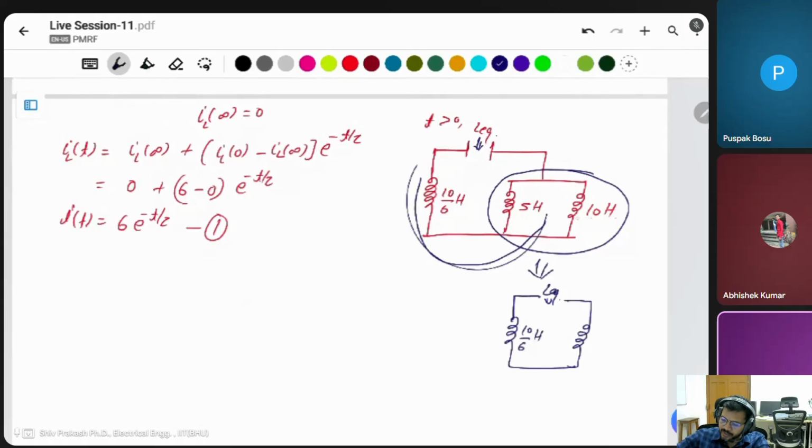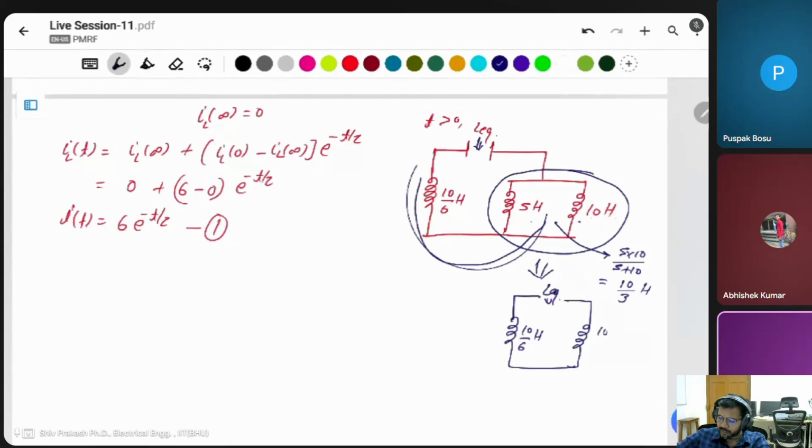What is the parallel combination of these two? 5 into 10 divided by 5 plus 10, that is 50 divided by 15. 5 10s are 15, 5 3s are 15.